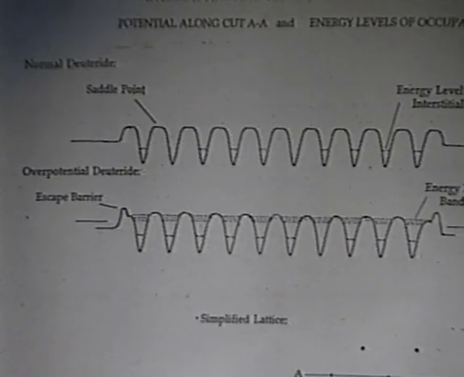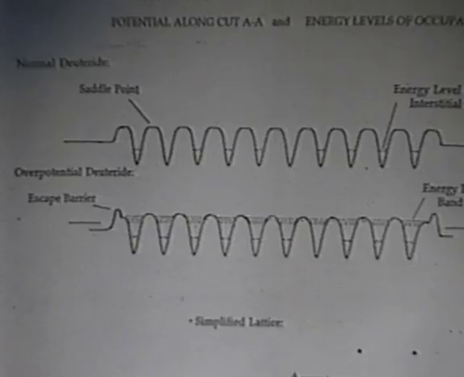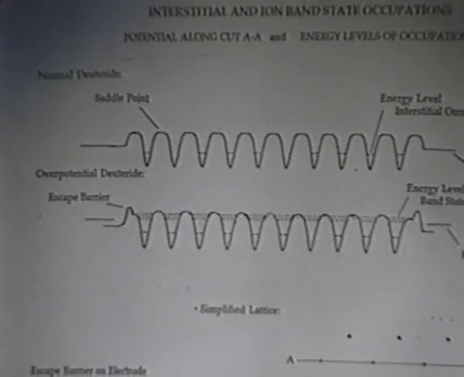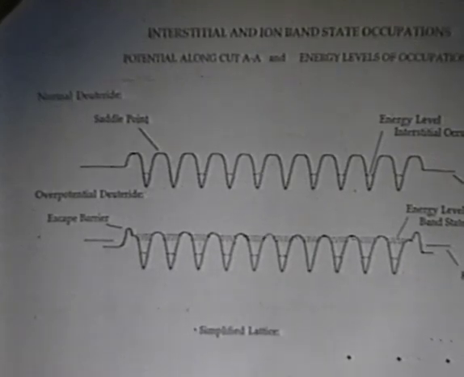And this is at a chemical potential that corresponds to deuterium gas in contact with the surface of the palladium at room temperature. This does not generally give you fusion, or it doesn't give you fusion in this picture.